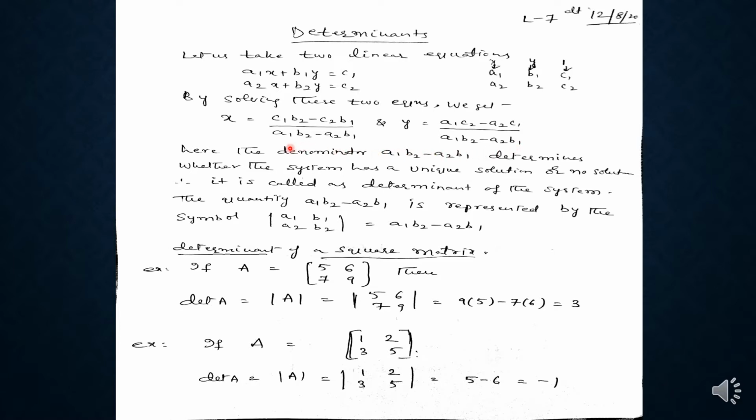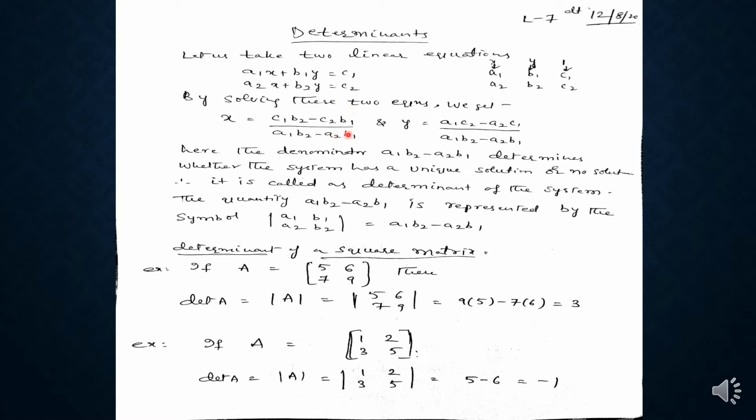So if the value of a1 b2 minus a2 b1 is not equal to 0, then only we will get a unique value for x and y. Then the equations have a unique solution for x and y. If the denominator a1 b2 minus a2 b1 is not equal to 0, then only the system of linear equations has a solution.